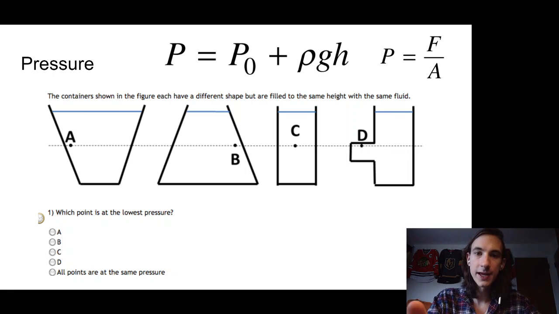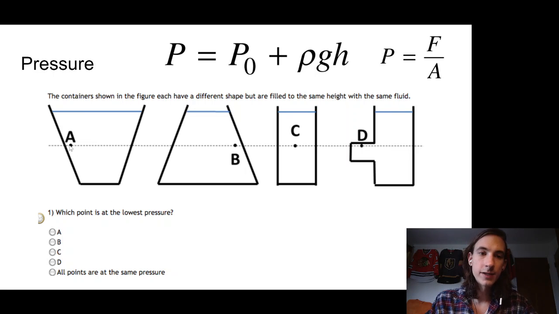So this is a question that we had a few times, and it's a little bit weird because it doesn't feel right. But if we're looking at these different containers, container A, B, C, and D, we're labeling a location that is at the same height throughout all of them. And this question is saying, which one of these has the lowest pressure?